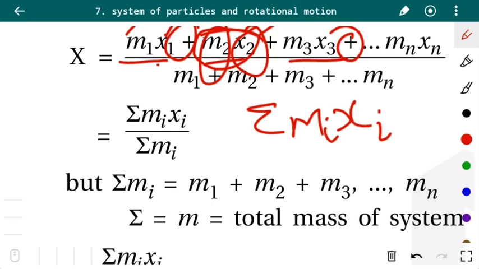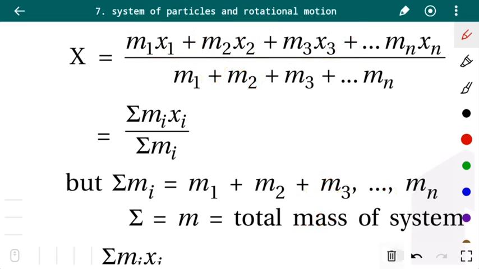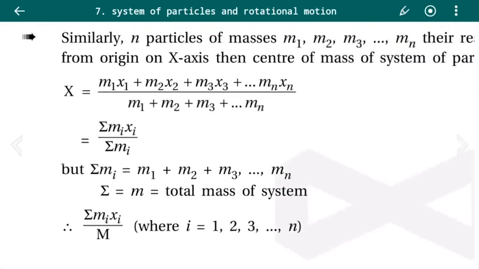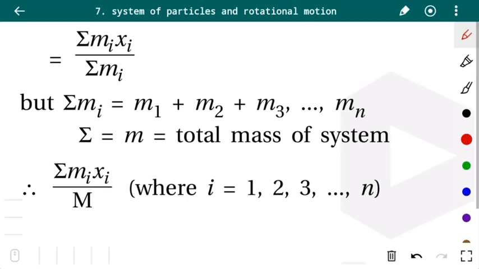So we have summation mi equals m1 plus m2 plus m3 up to mn, and that can also be written as capital M, the total mass of the system, that is summation mi xi upon capital M, where i equals 1, 2, 3 up to n. So students, you may note down this theory.